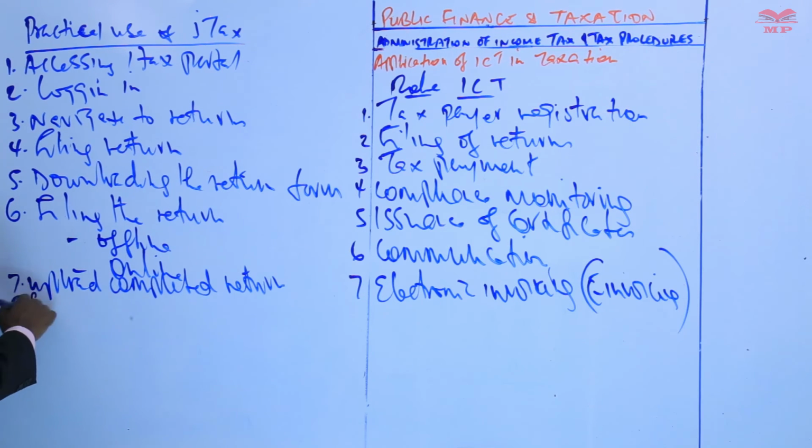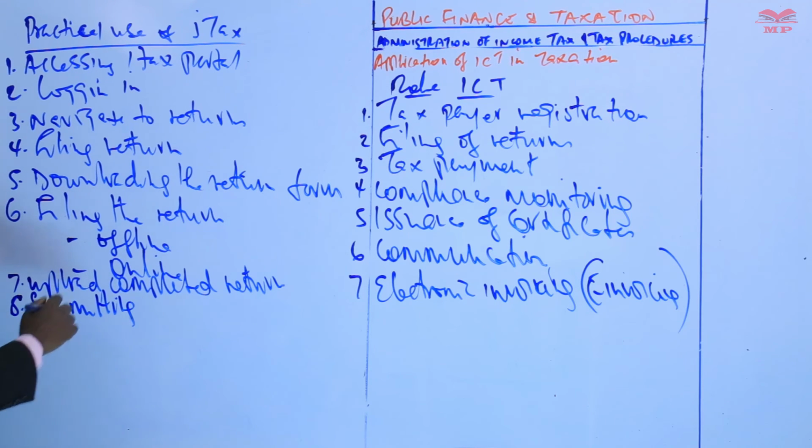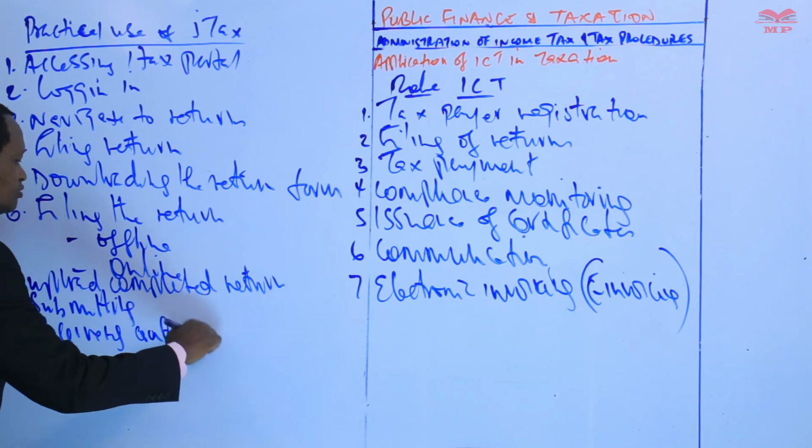8, submitting. Once the form is validated or the online details are confirmed, you review the summary and just click the submit button. Then after that, you will receive confirmation.